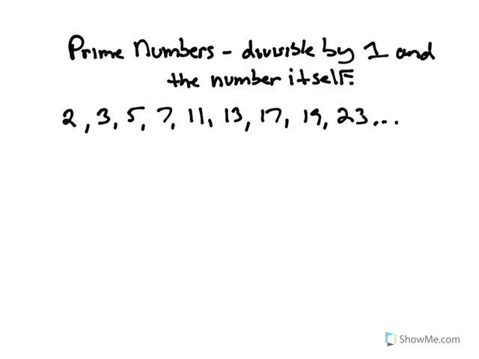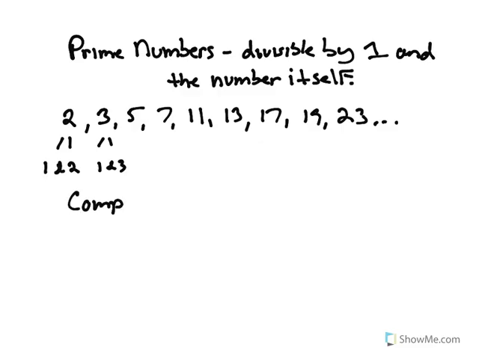All of those numbers are divisible by 1 and the number itself. Here, 2 is divisible by 1 and 2. That's only 2 factors. Same thing for 3: 1 and 3. So all of these prime numbers have only 2 factors. Therefore, those are prime numbers.